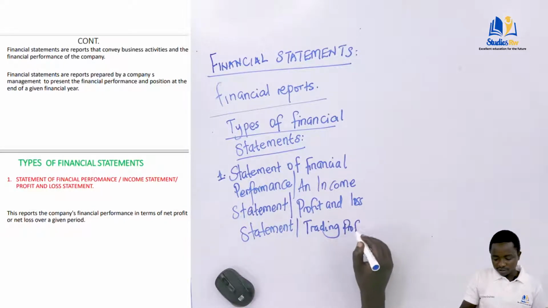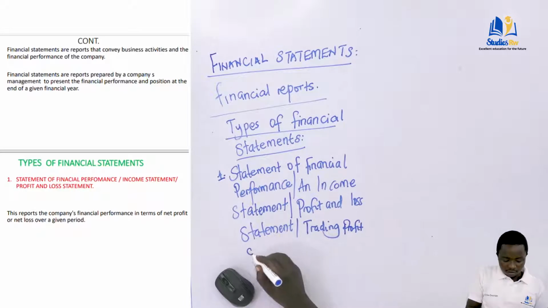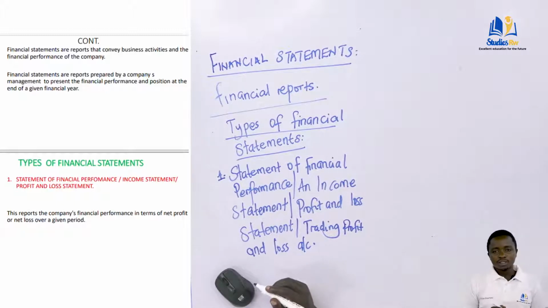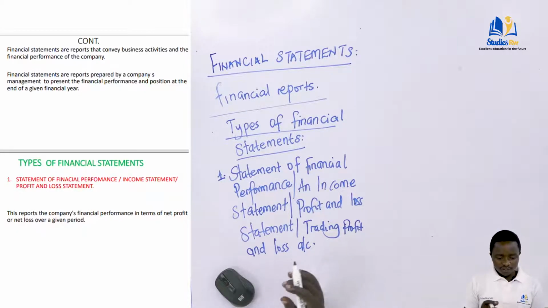So all these names mean one thing: an income statement, profit and loss statement, trading profit and loss account, or what we call the statement of financial performance. So what is this now?